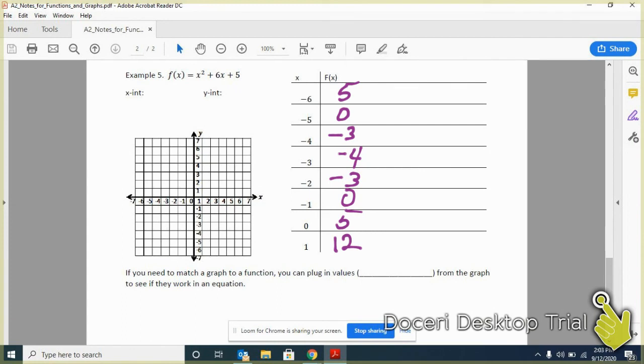And again, if I graph these, I'm not going to put every single point down right now because just trying to get one point in here is a pain. Put this one right here down, and then I think I'm going to put -3, -4 down. And again, that's going to end up being what we call a vertex later on. And there's my graph. Okay. And again, why did I draw a line instead of just the points? It's again because it doesn't actually tell me it's discrete.